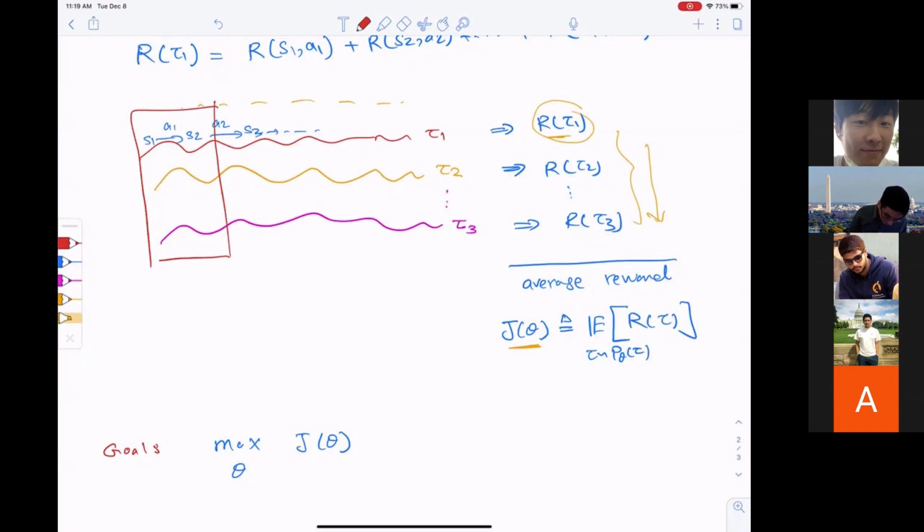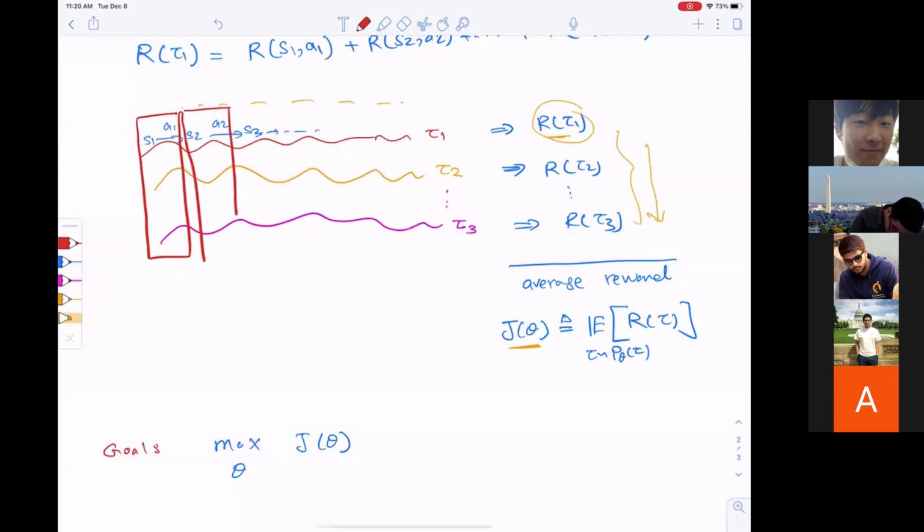So in order to do that, we need to look at the marginal distribution of P sub theta on this particular state action pair. In fact, this picture is a little bit not clear. So here we just consider a particular state and action pair, another state and action pair.